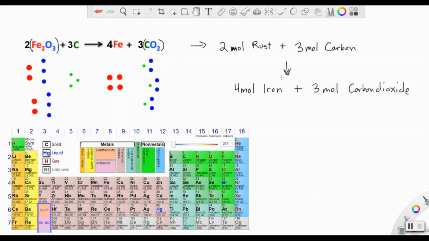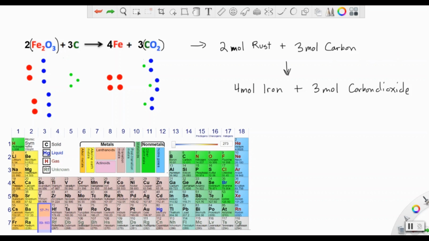And the reason that we do that is because you're much more likely to work with a gram of carbon. If this is 3 moles of carbon, there's 12 grams of carbon in a mole, so you'd have 3 times that in grams.